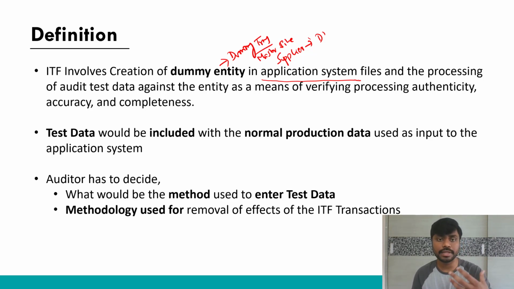So there they are creating this dummy data, and the processing of audit test data against the entity is a means of verifying processing authenticity, accuracy and completeness. Don't worry, once you understand the example, it will be easy for you to understand the definition and what they are doing next.